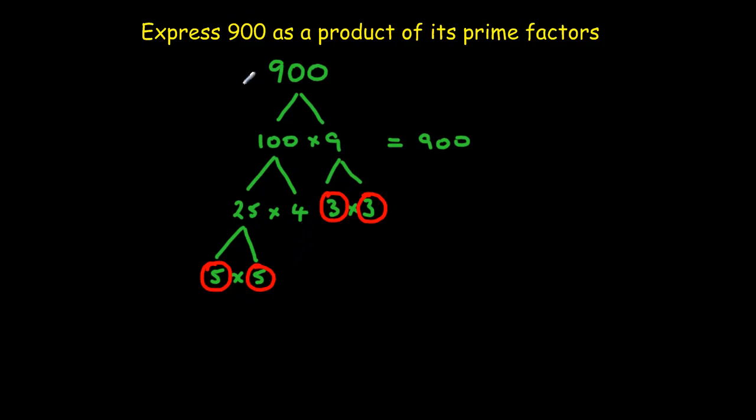We still have to factorize 4, and I think we can clearly see that 4 will factorize down to 2 and 2. Now 2 and 2, both those are prime numbers. So 2 times 2 gives you 4, but they can't be factorized anymore.